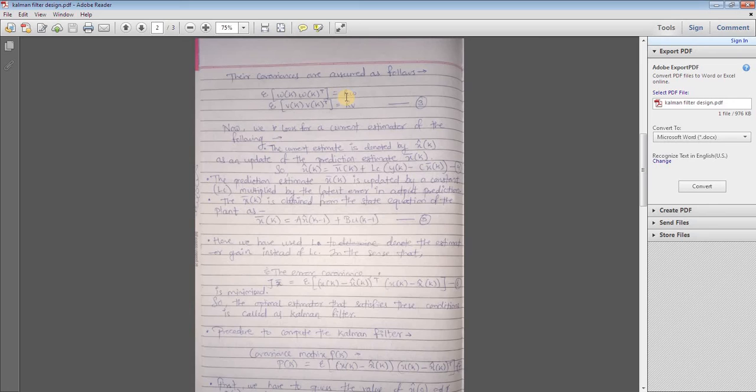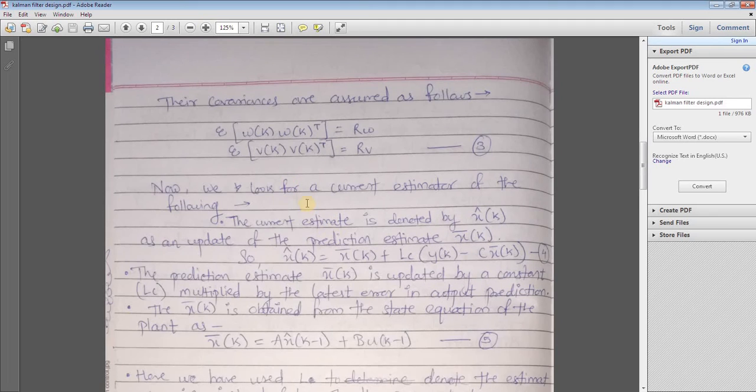In the next step we are going to have a look at the current estimator. The current estimate is denoted by x cap of k, and it is an update of the prediction estimate x bar of k.